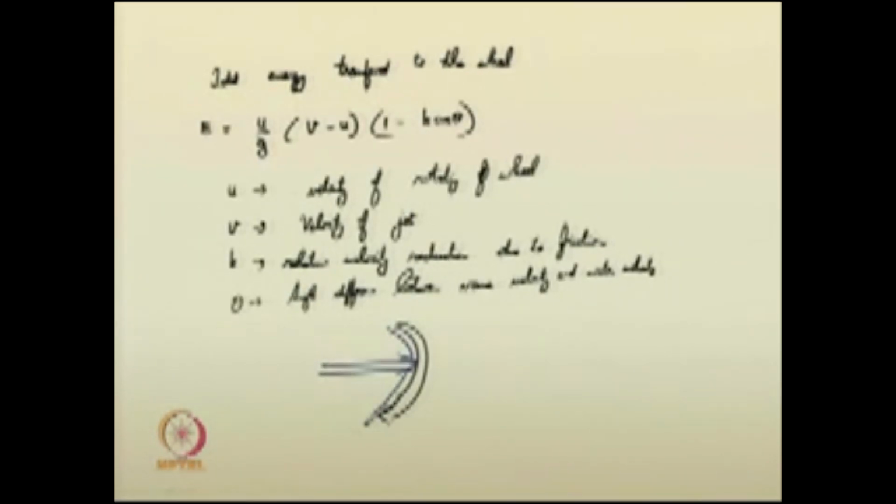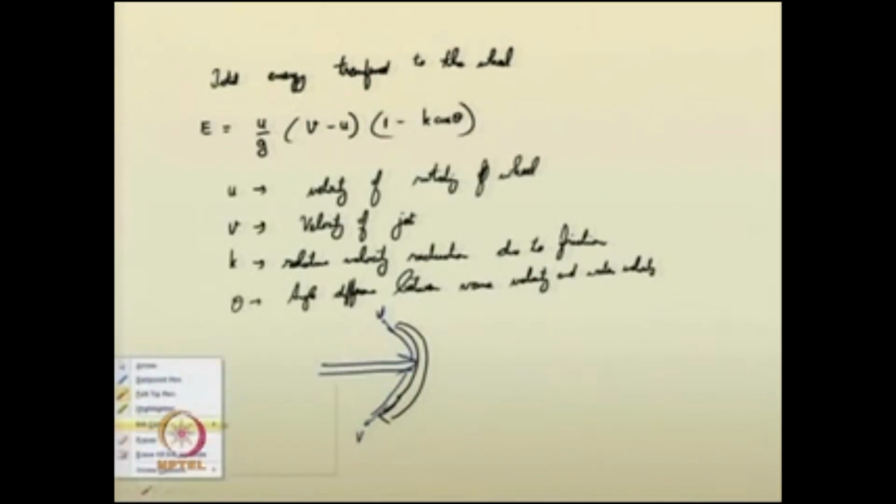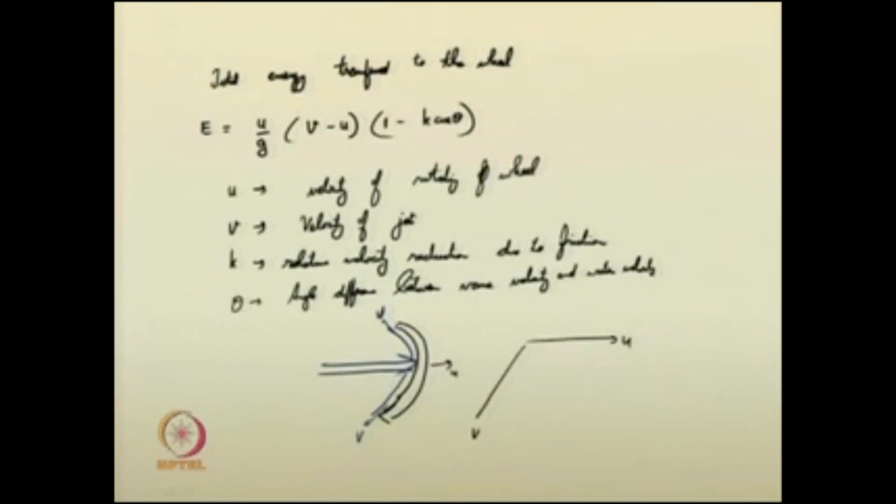The velocity here is V, but the velocity of the vane is U. So this angle difference is theta, and that theta is taken into account in the total energy transfer formula. Like that, you can easily suggest the energy transferred to the impeller.